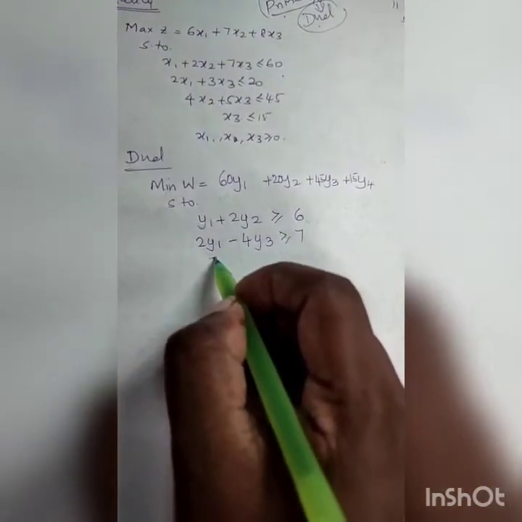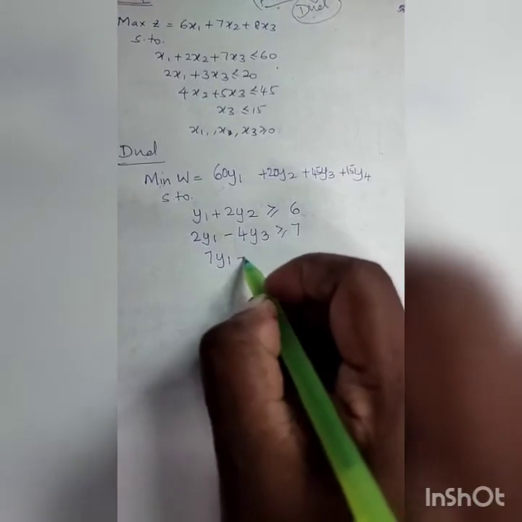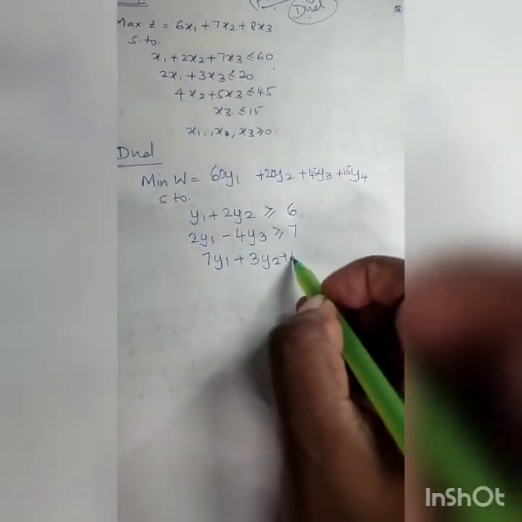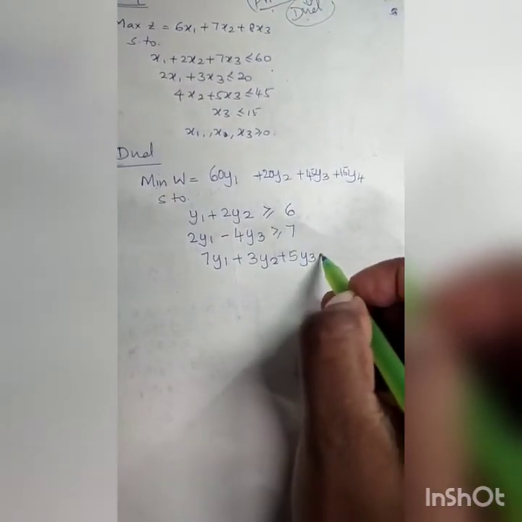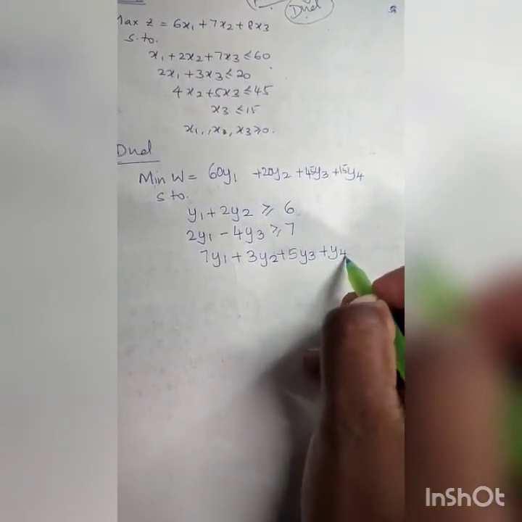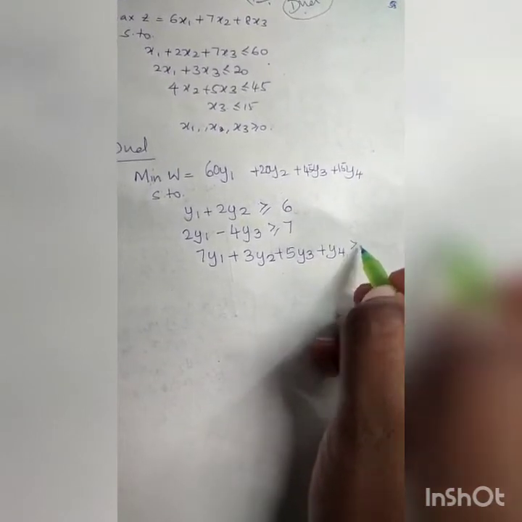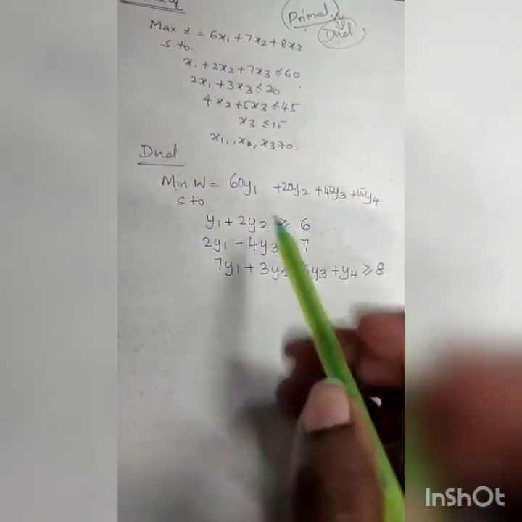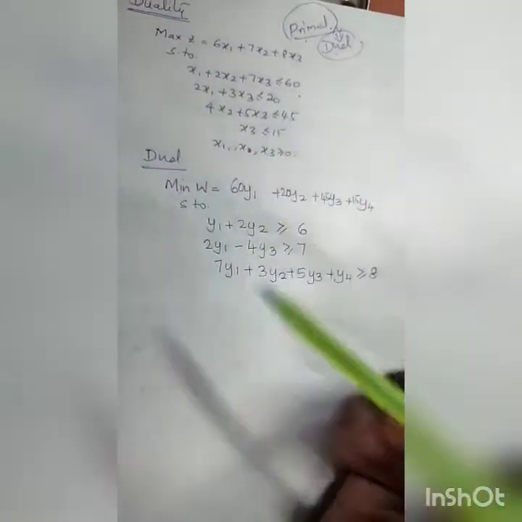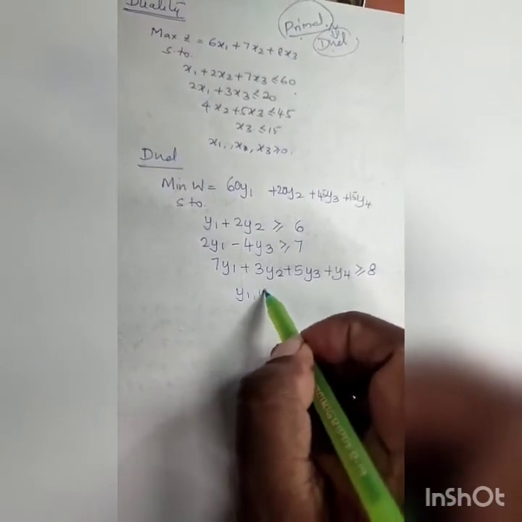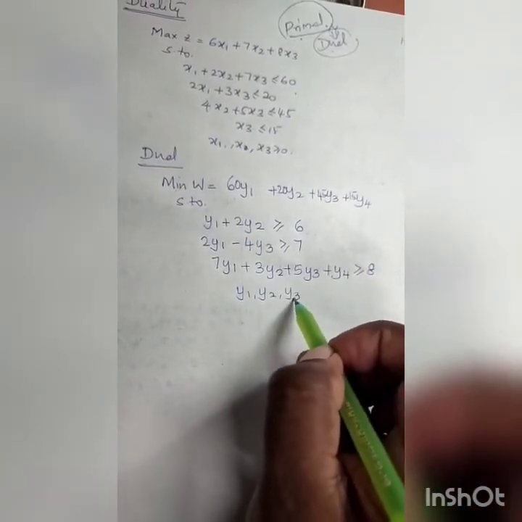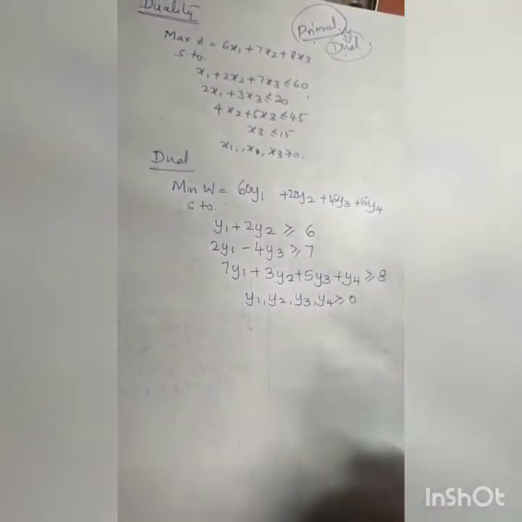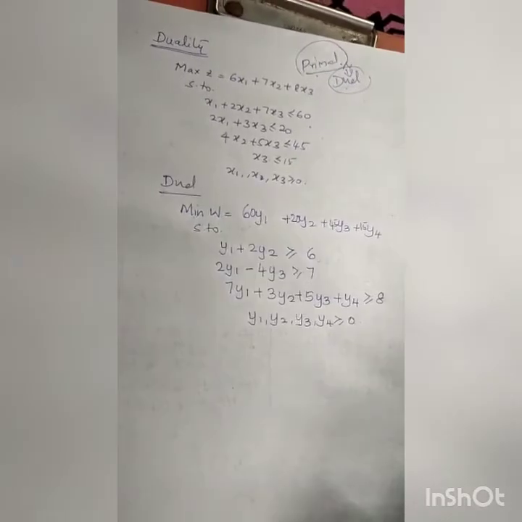The third one, 7y1 plus 3y2 plus 5y3 plus y4 greater than or equal to 8. And since these are all less than or equal to, y1, y2, y3, y4 are greater than or equal to 0. Simple. Non-negativity constraint is maintained.